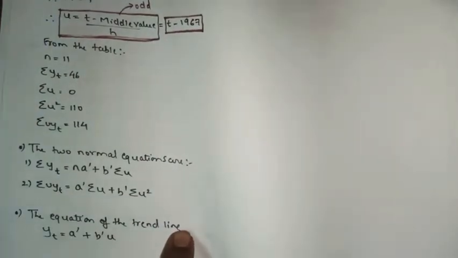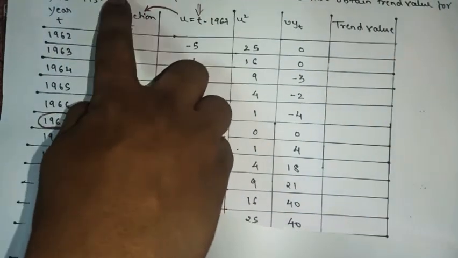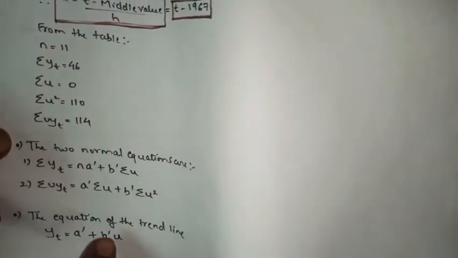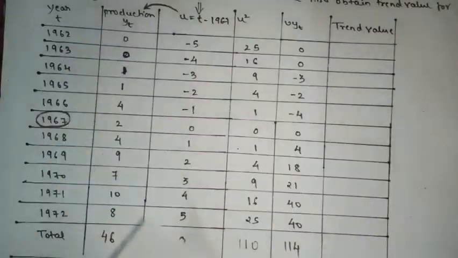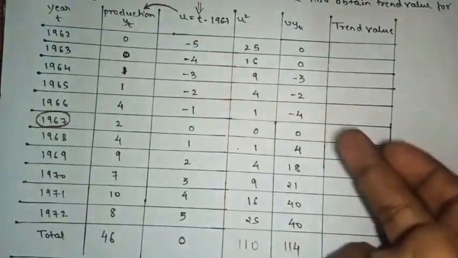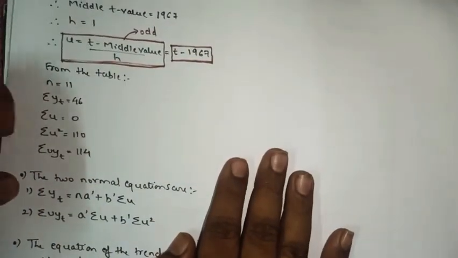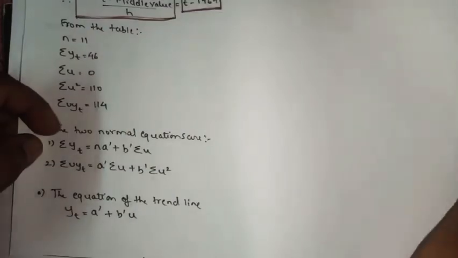That means for the question where we have to fit a trend line using the least square method, the third one is known as the equation of the trend line. Using this formula only we find the trend value for each and every year. So that's not the end of the sum. Now we have to use these two formulas, and after that this third one.